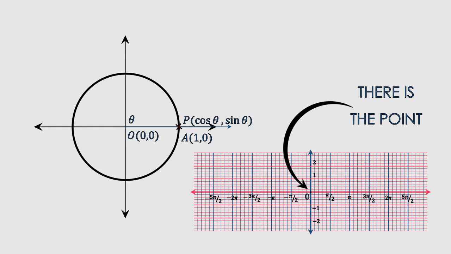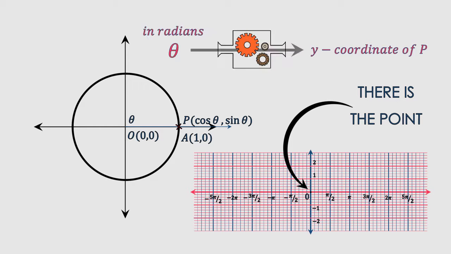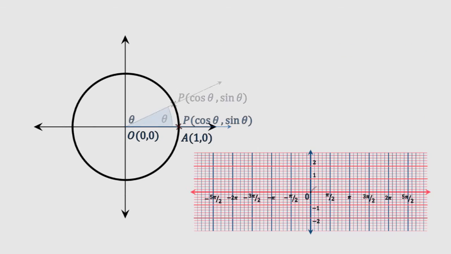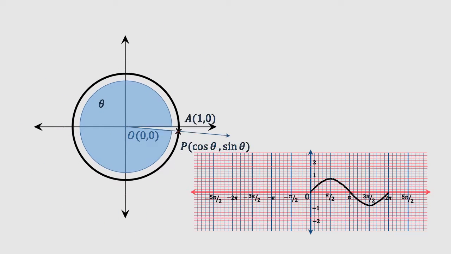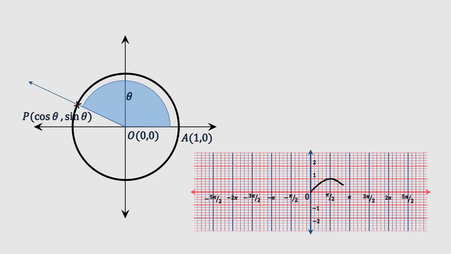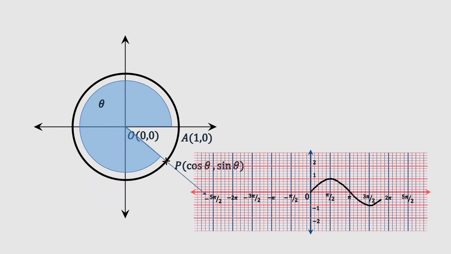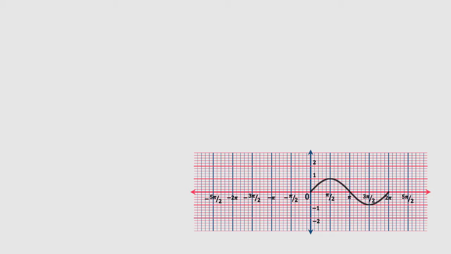We plot the varying y coordinates of the point P, the sine of the angle shown, against the measure of the angle in radians, as P completes one revolution. We get the graph of the sine function between 0 and 2 pi radians.